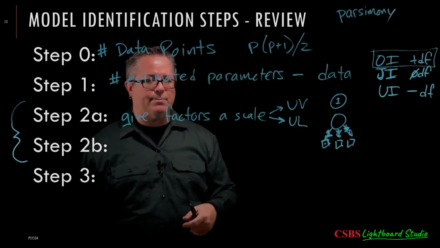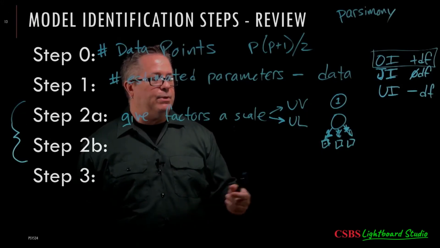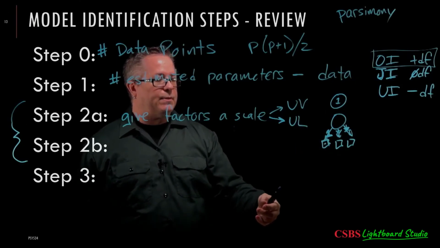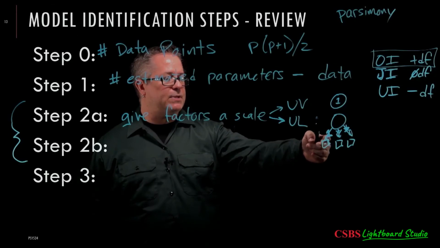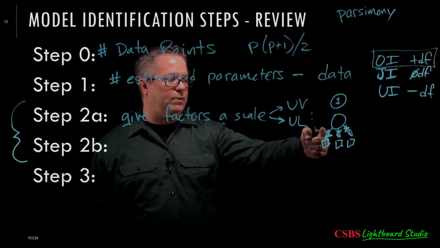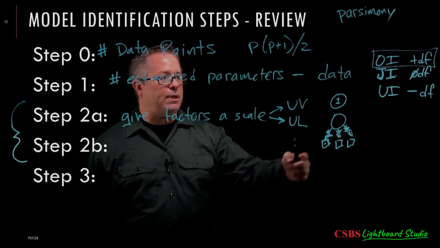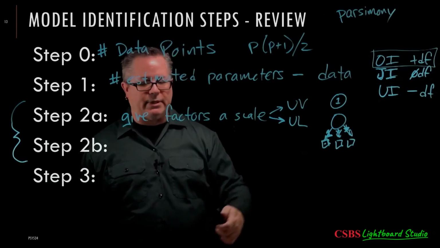It just chooses it. You can change it if you like, but the downside of this method is that you don't then get an estimate of the loading for this item. Right? So these ones get estimated, but this one, it's been fixed. But now it gives the factor a scale that's similar to the item.